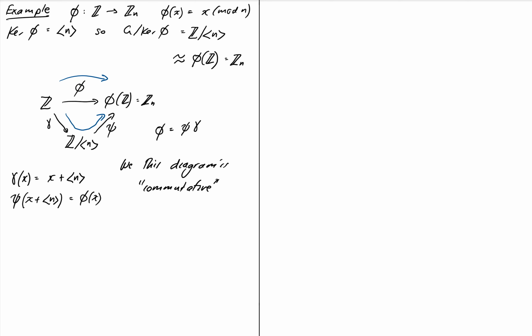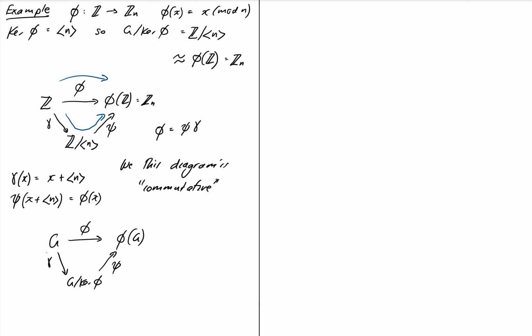We could redraw the diagram for our general case, where we have a group G, we send it through phi, we get phi of G, or we go through a mapping gamma, let's define what that was in a second, which takes us into our factor group, and then we go through that mapping psi back to phi of G.